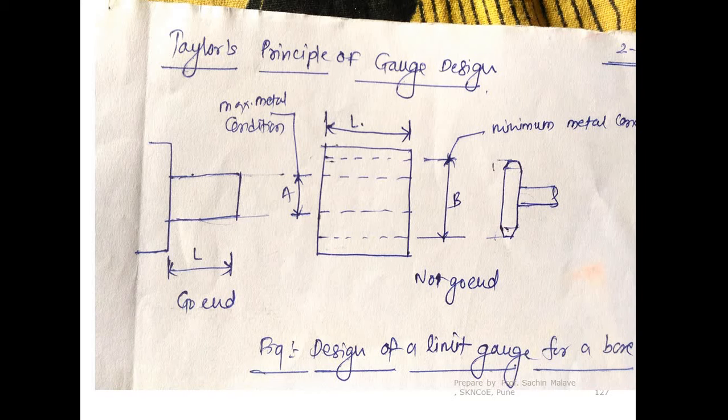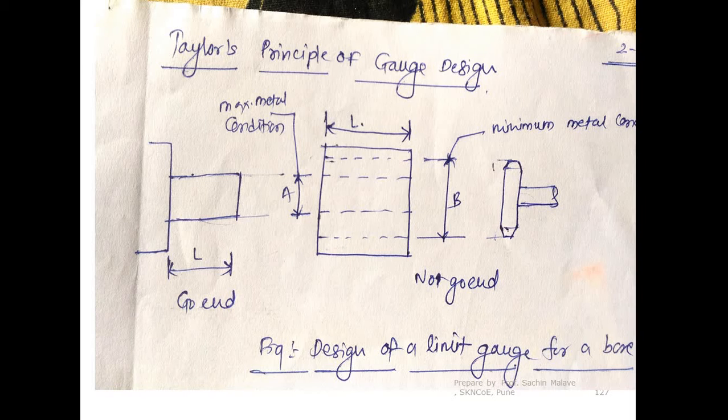If you take the example of a hole, there is a possibility that this is the hole. The size of the hole is going to vary between this size, say size A. We can say that it is the minimum size of the hole, isn't it? So size A corresponds to minimum size.